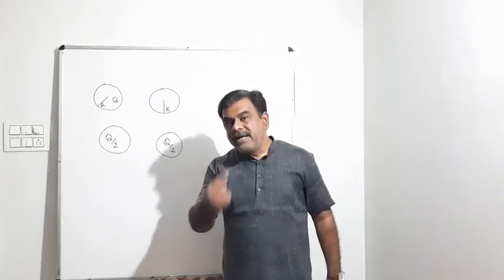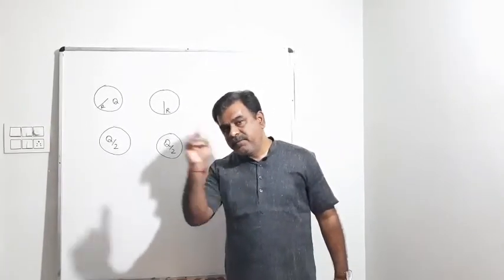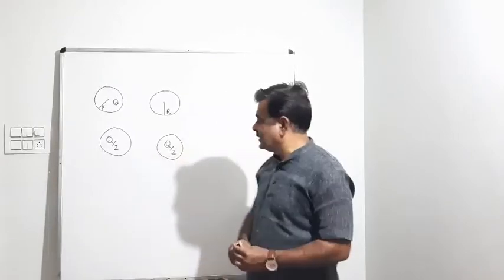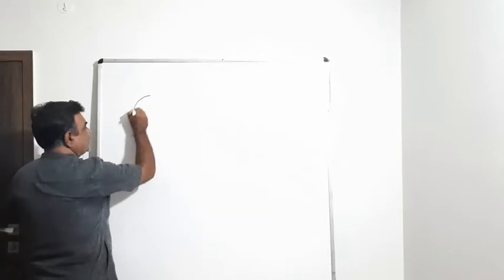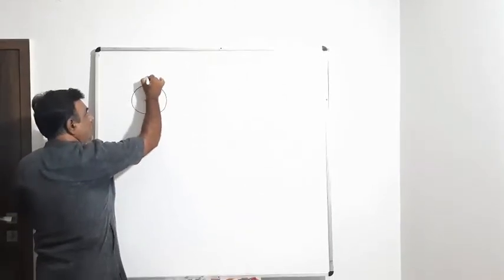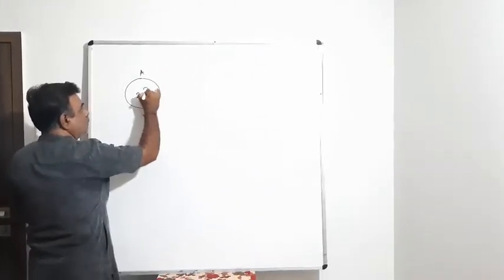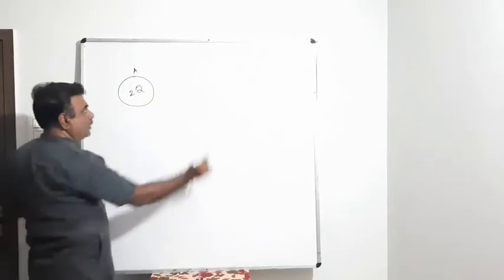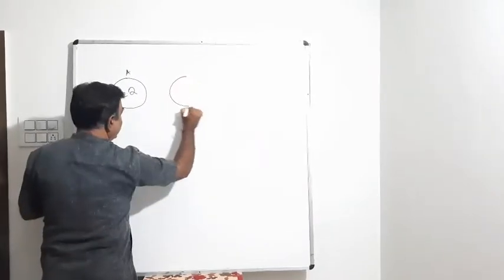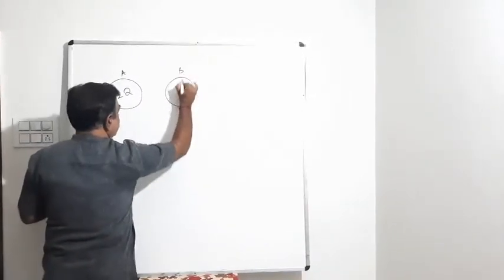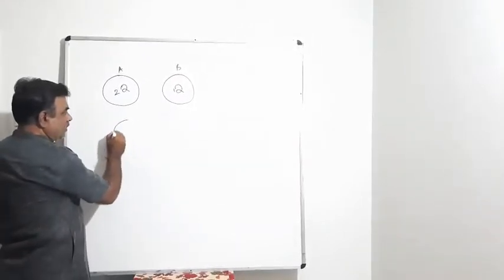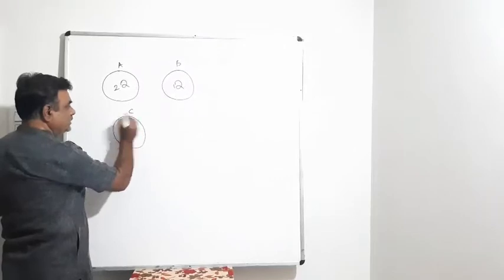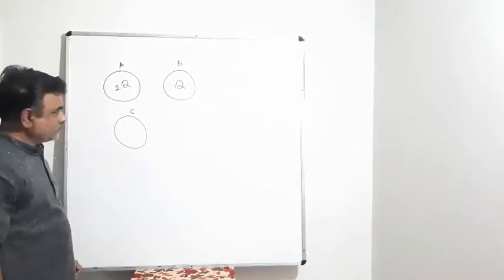Okay? Now on the basis of this, I am giving one question, which I will address in the next lecture. Try this. Let's say A has charge twice Q, B has charge Q, and the third sphere C is electrically neutral.